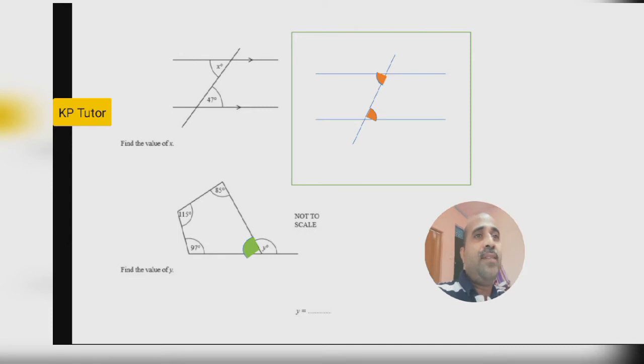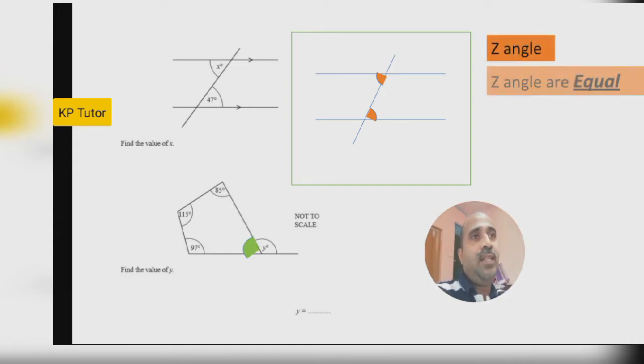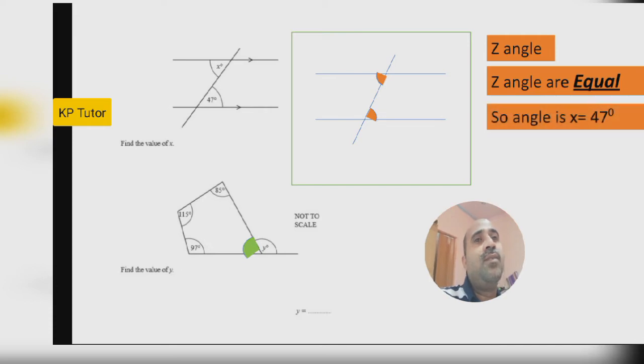In parallel lines, when a line crosses those lines, it makes an angle like Z. Z angles are always equal. One angle is 50, another angle is 50. For example, one angle is x, another angle must be x. Here the question gives one angle of 47 degrees. So the x answer is 47 degrees.